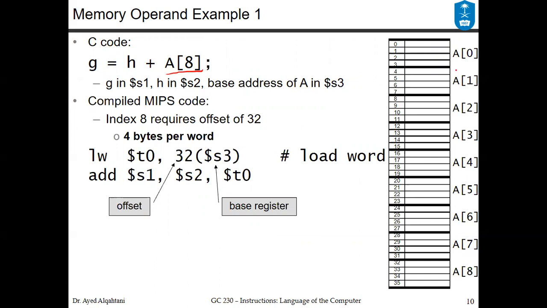If we say that we have an array A, with A0, A1, A2, all the way up to A8, then each one of these variables must be contained in 32 bits. In memory, this is one byte, this is another byte, this is another byte, and this is another byte.